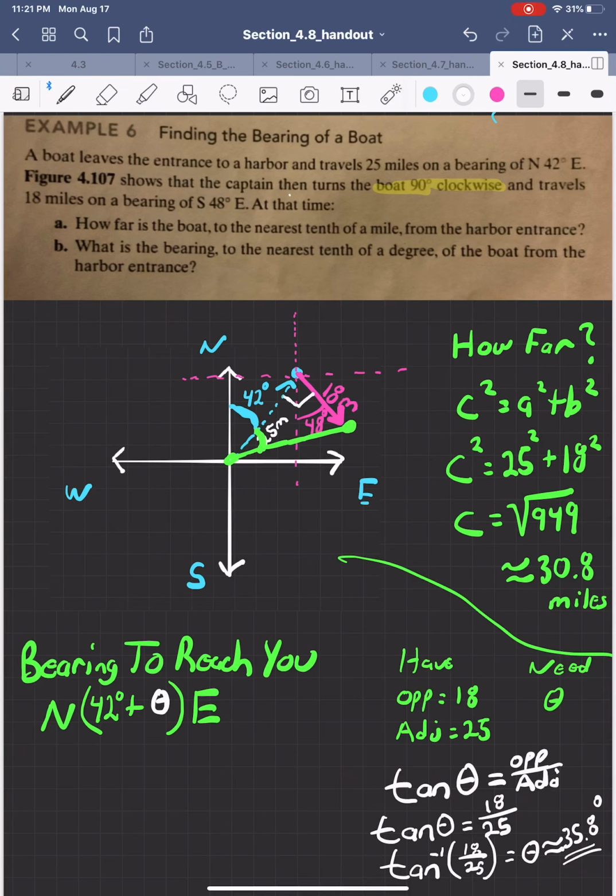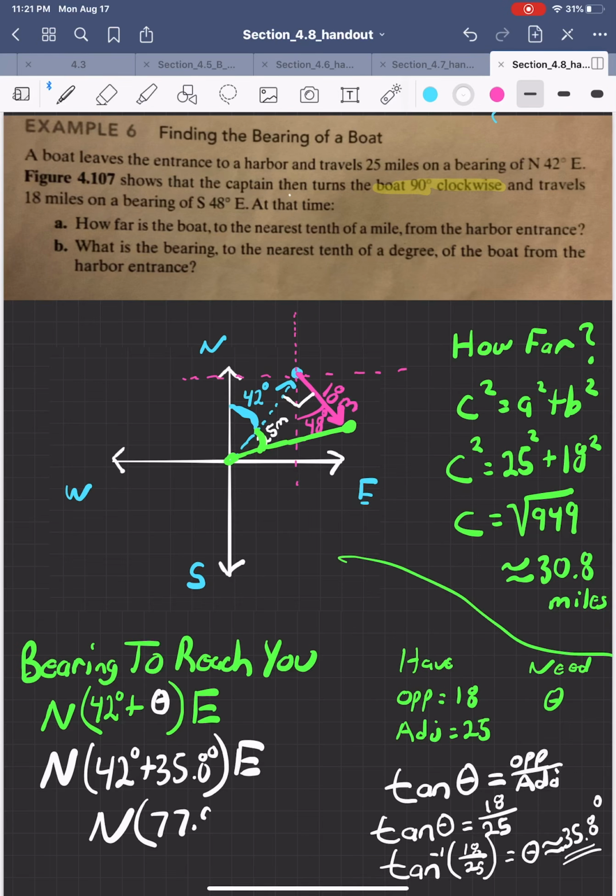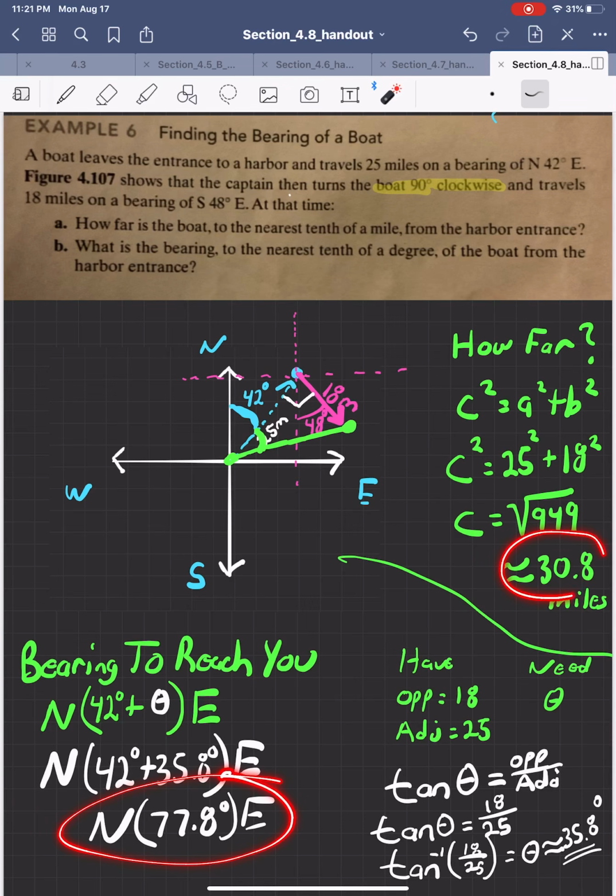We want the Coast Guard to be on a bearing north 42 degrees plus 35.8 degrees east. In other words, north 77.8 degrees east. And they need to be on this bearing for 30.8 miles, and they will find you.